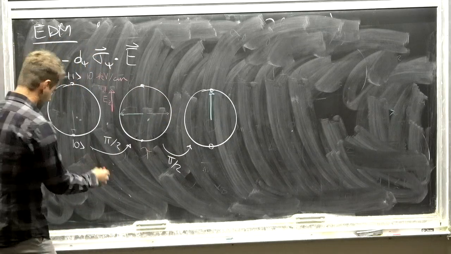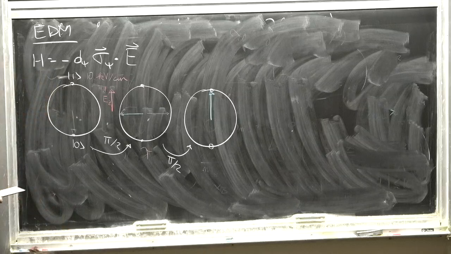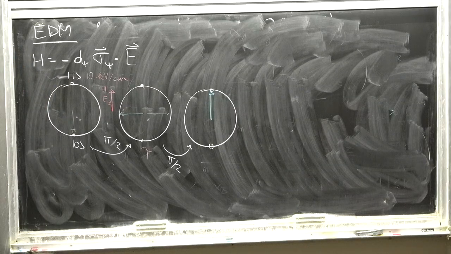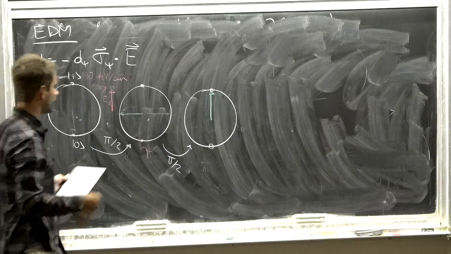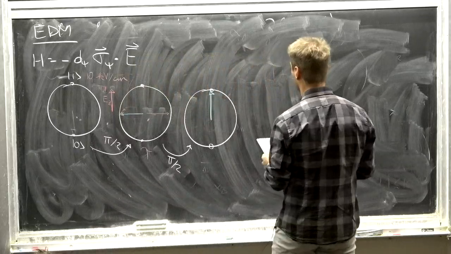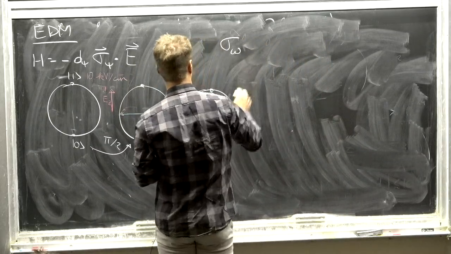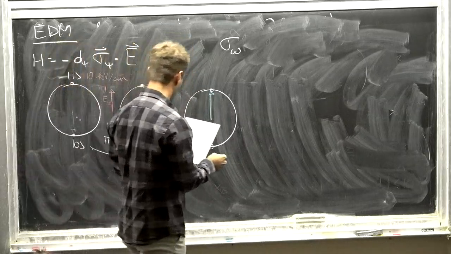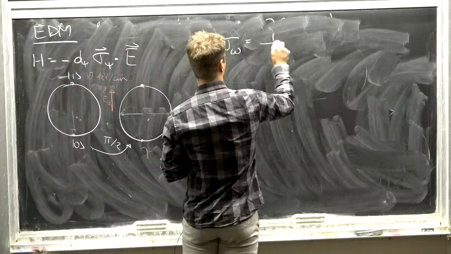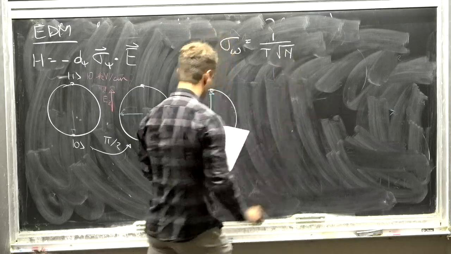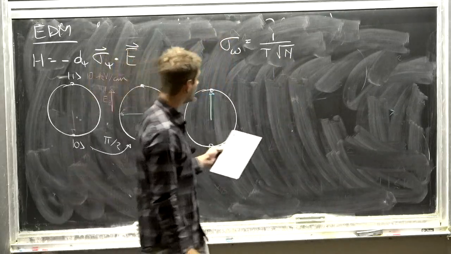So effectively, I can measure any phase shifts from precession to order 1 over root n if I do this experiment n times. So my uncertainty on this precession frequency omega is roughly 1 over the free precession time over root n, the number of times I do this experiment.